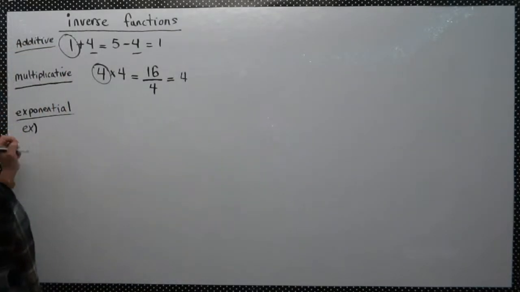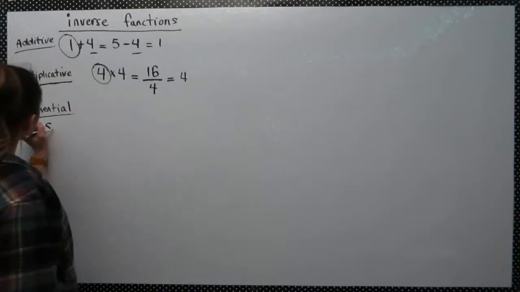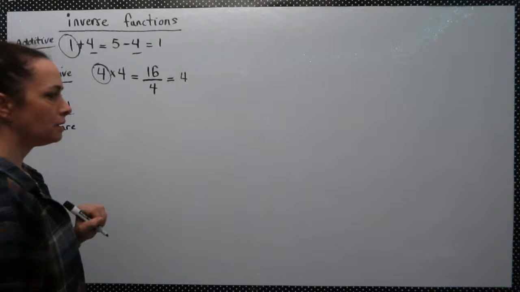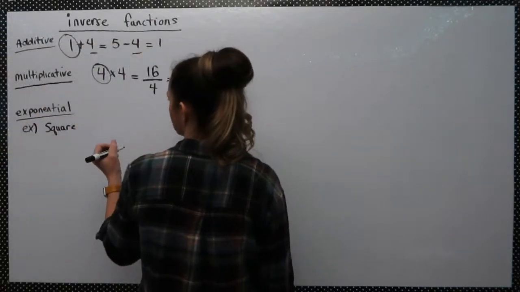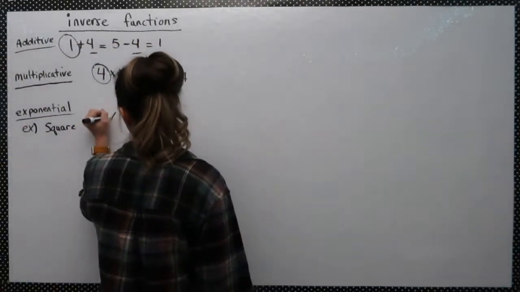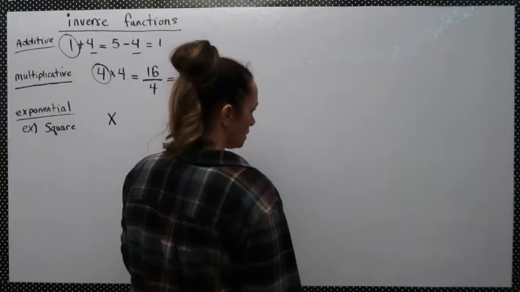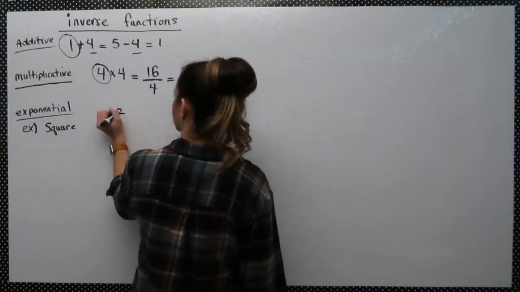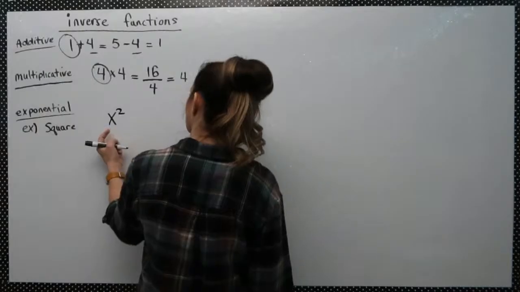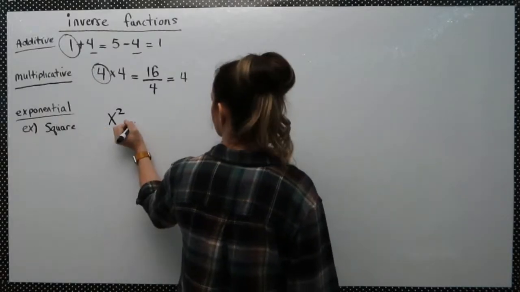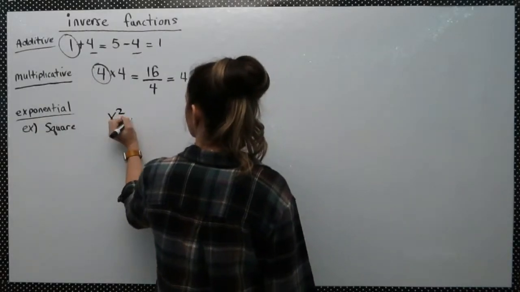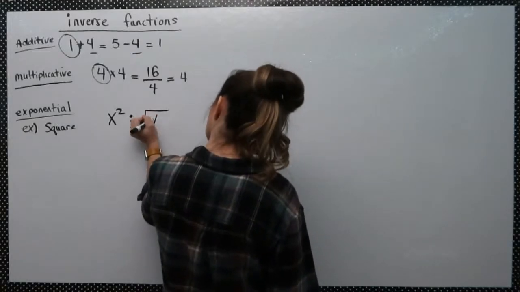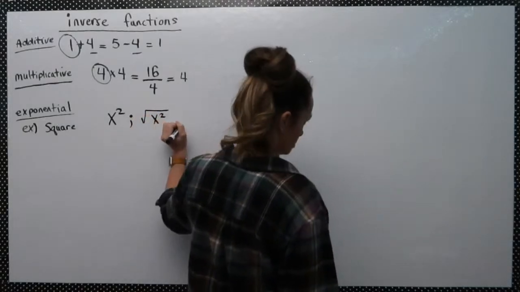All right. So for example, the squaring function. We'll just take x, and I can square x. If I want to originally get x back, then I'm going to take the square root of x squared.